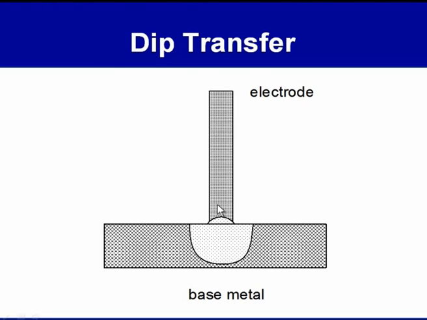So, basically low welding current and a higher feed rate of the electrode contribute to the dip mode of metal transfer. One more metal transfer mode is experienced especially under a higher level of welding current.